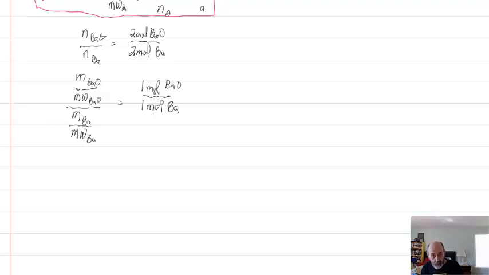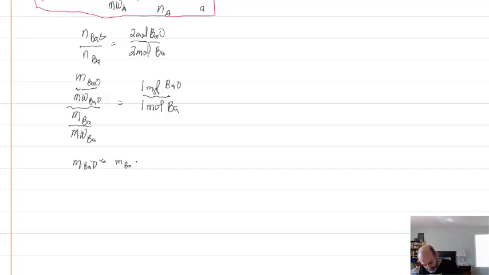Now we can rearrange the equation so that we have just the unknown on one side and everything else on the other side. So the unknown is the mass of BaO, and we're going to set that equal to, first off, the mass of Ba, and then we're going to bring over the molecular weights.